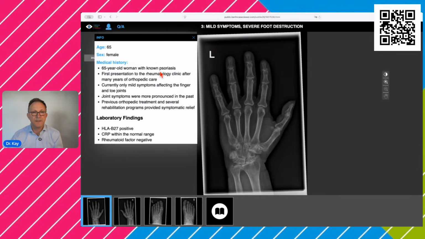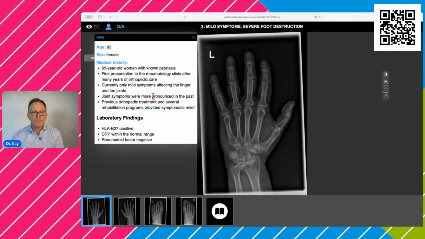She has psoriasis. And the first presentation to the rheumatology clinic was after she spent many years with the orthopedic doctor who treated her with different types of medical help and also did some operations.